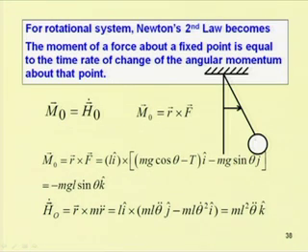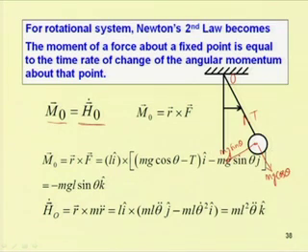After finding the external force acting on this, this is T and this is mg sin theta, and this term is mg cos theta. So, this equation can be written as M_O, that is the moment about this point O due to this external force, will be equal to the rate of change of angular momentum.